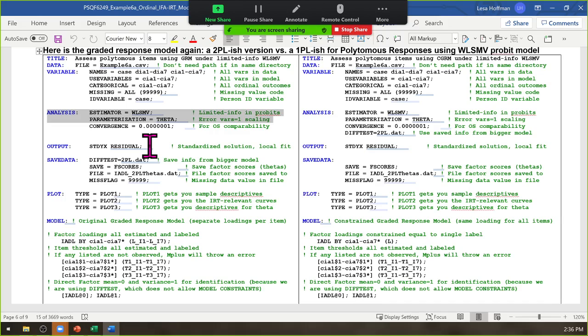Whereas full information approaches, where you're reading in all the individual item responses and you're fitting the multi-way contingency table of all possible response patterns as the thing you're trying to approximate, that's full information maximum likelihood. That is missing at random, which means random conditional on the other information you have about the people. So that's the situation. Missing data is where you can't just rely on this for everything.